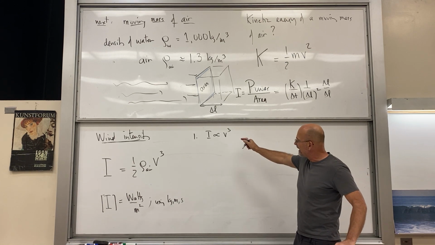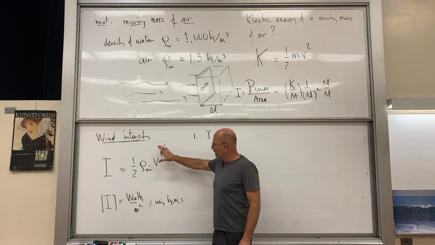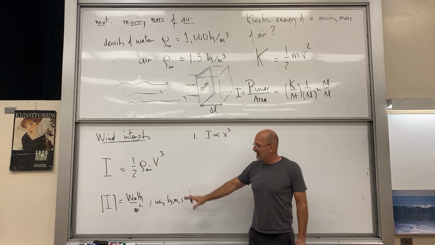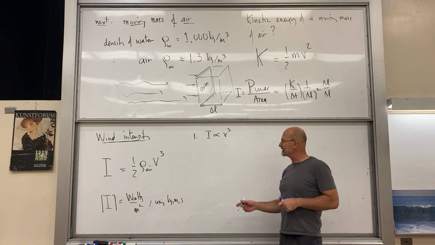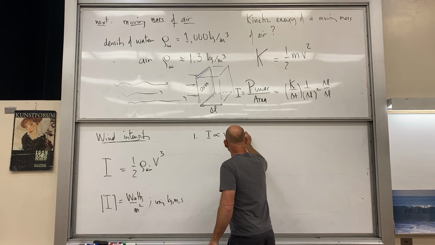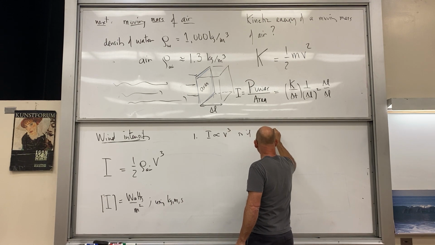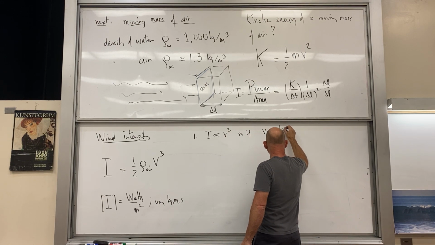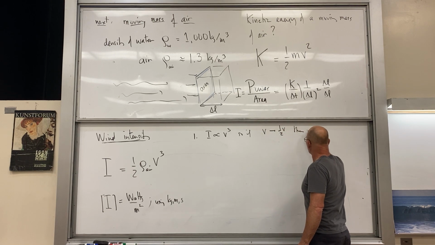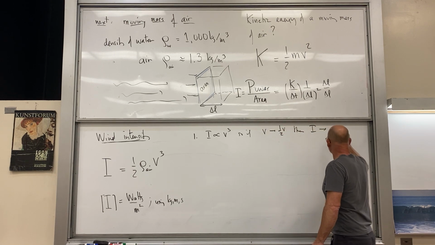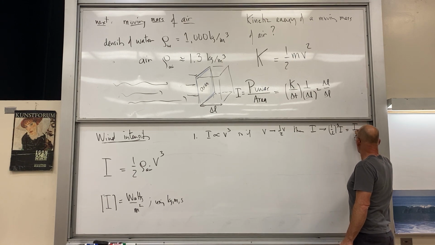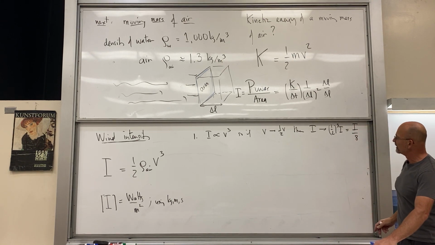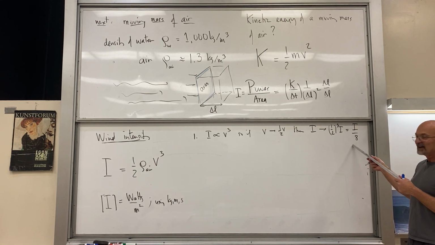So this cubic dependence means that the wind resource is volatile. It changes not only between wind and no wind, but between certain wind speeds. So if V goes to 1/2 V, then I goes to 1/2 to the third I, which is I over 8. So that's, mathematically speaking, half the wind speed, 1/8 the power.